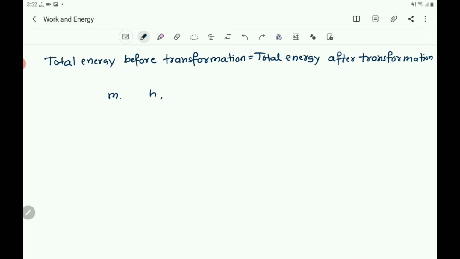Its potential energy, EP, is equal to mgh. At the start, the potential energy is mgh, that is maximum, and kinetic energy is 0 because the object is at rest.